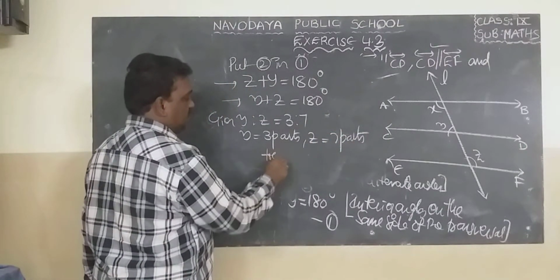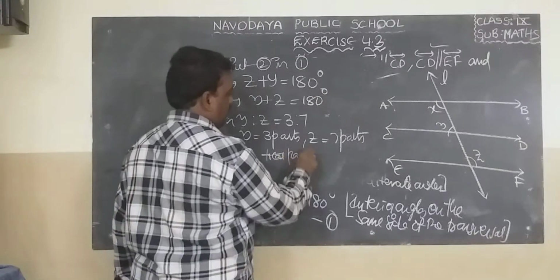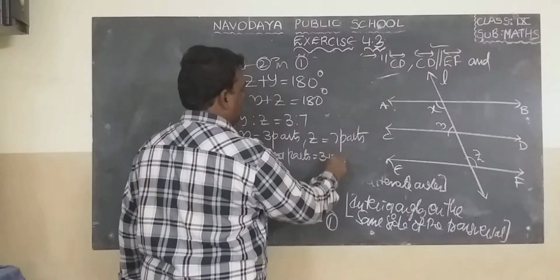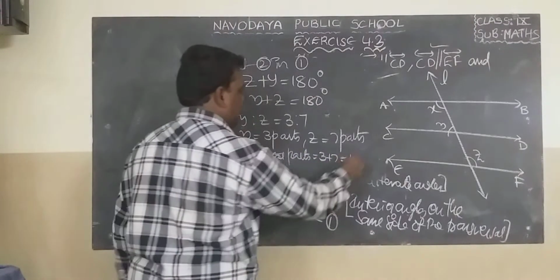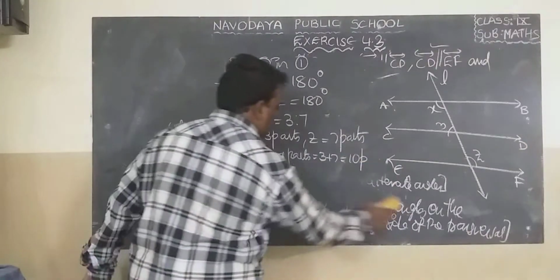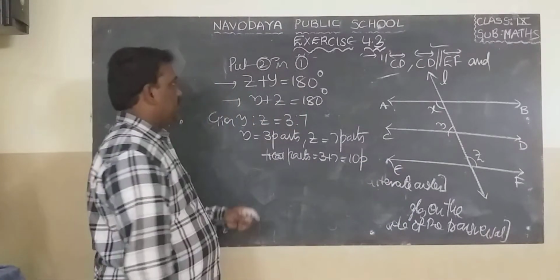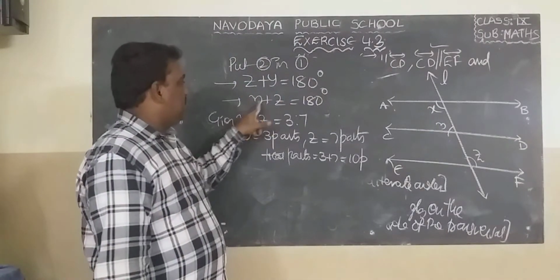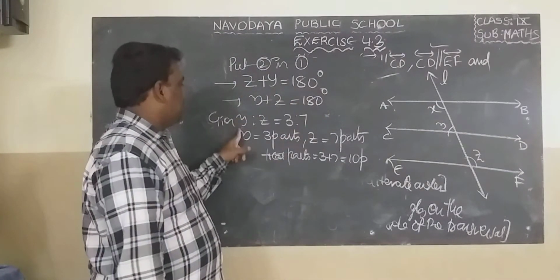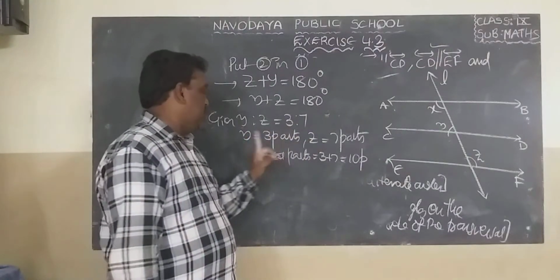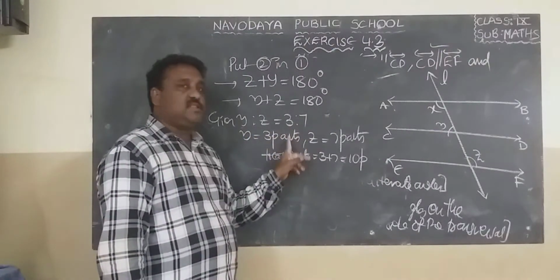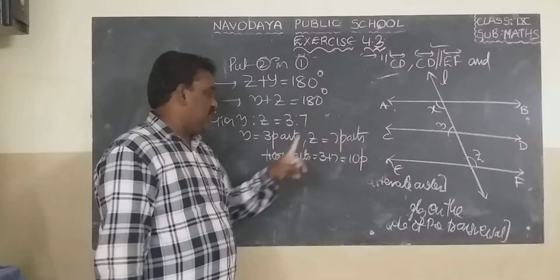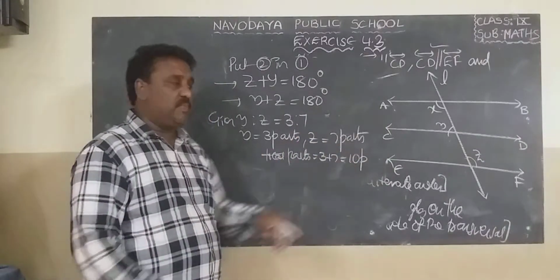Total how many parts? 3 plus 7 equal to 10. 10 parts. So y plus z equal to 180. Y is to z, 3 is to 7. Y 3 parts, z 7 parts, total 10 parts.